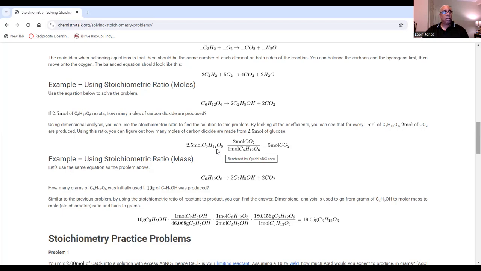And I believe carbon, I don't know if it's 32 or not. 6 times 32 would be right around 192. So we would basically have almost 300 grams of C6, and I'm just estimating it right now. But what you would do in order to go from one element to another, you're going to convert.